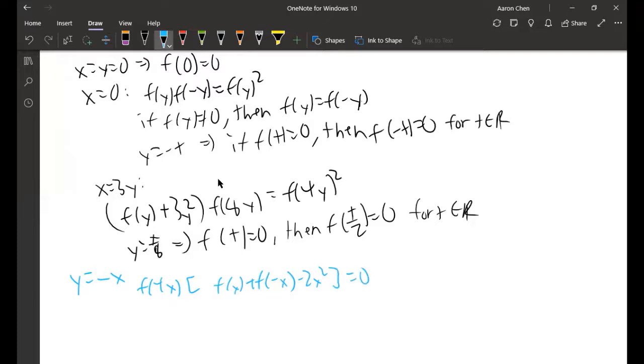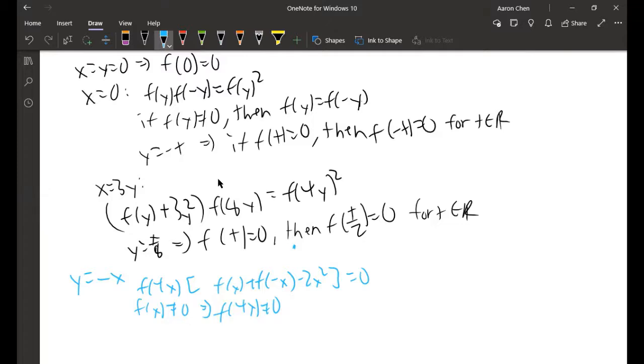And so as long as f of x is not equal to 0, then we can see from this that f of 4x is not equal to 0 as well.